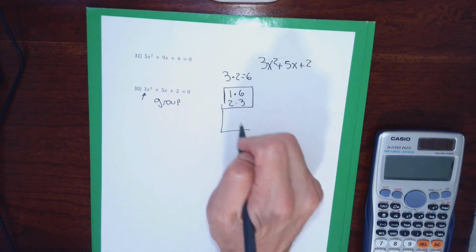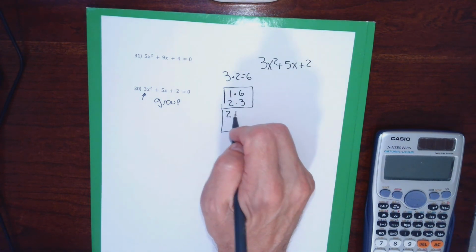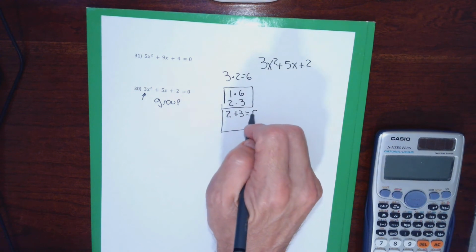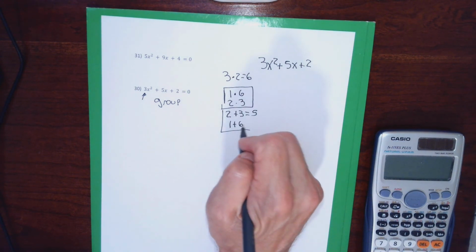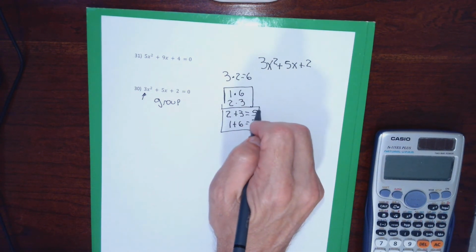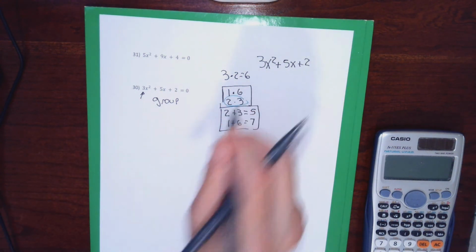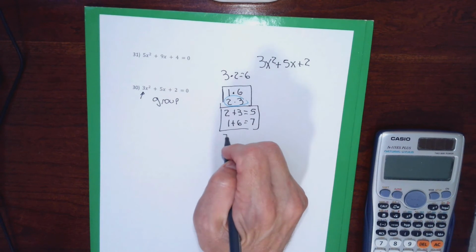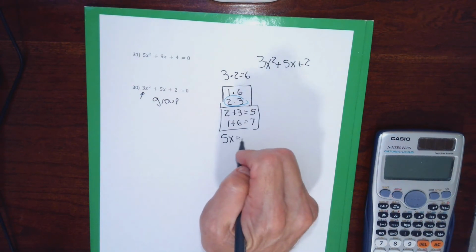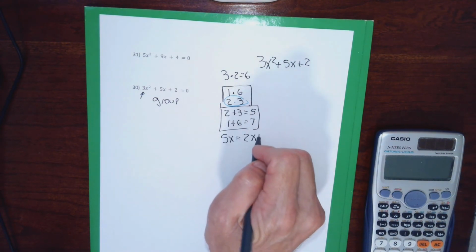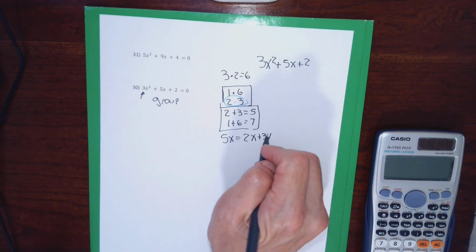I need the pair that add up to 5 because the middle number is 5. So the important numbers are going to be 2 and 3. The 5x in my problem I can write as 2x plus 3x. If I cared to, I could write it as 3x plus 2x.